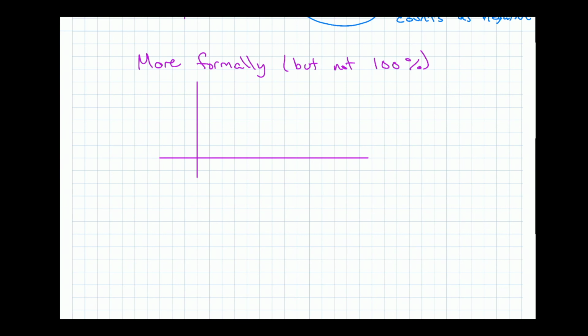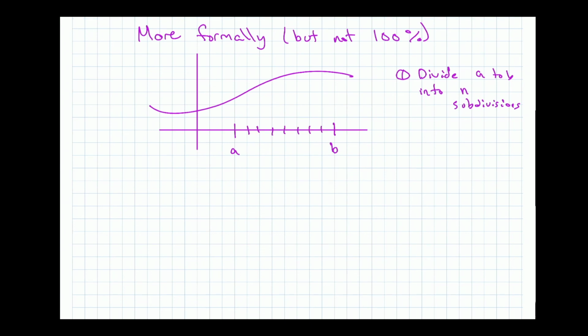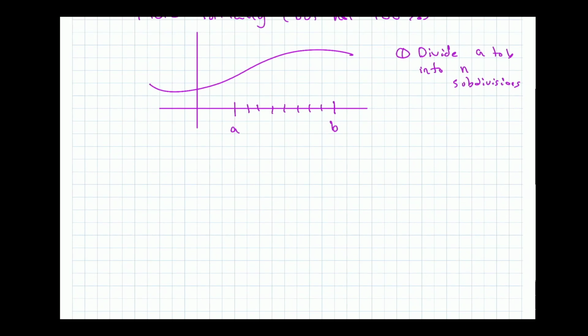If you take a curve like this, and you have your a and your b, and you divide a to b into n subdivisions, that just means chopping this up like this.